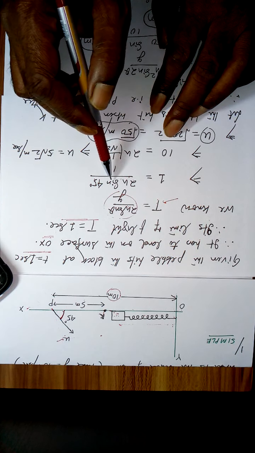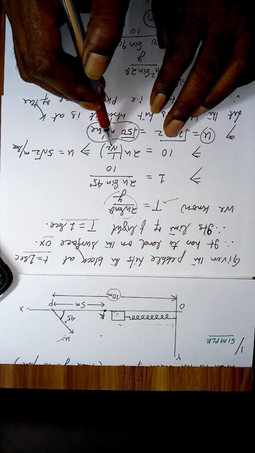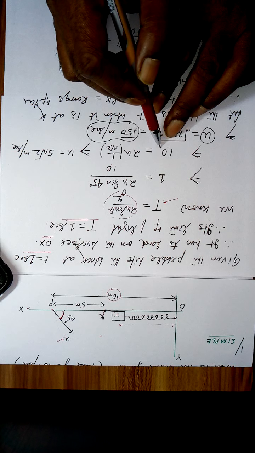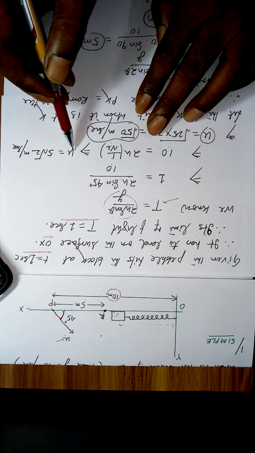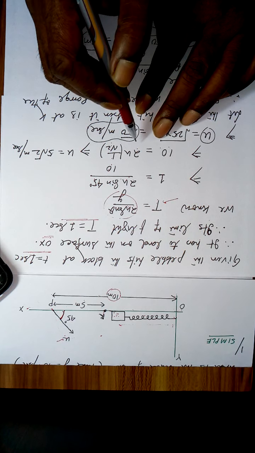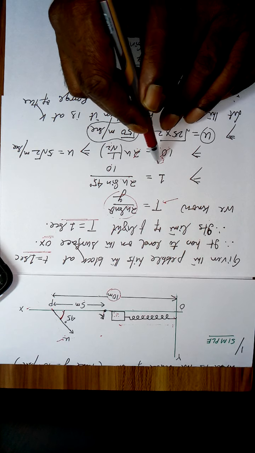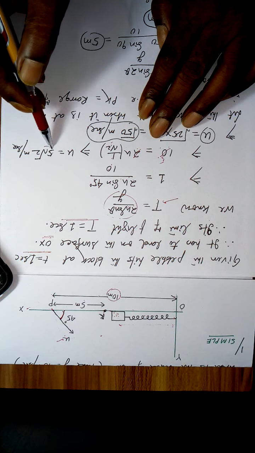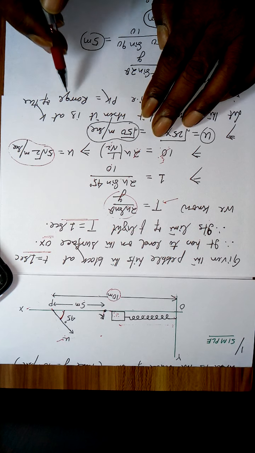So 2u sin 45, sin 45 is 1 over root 2. Now 10 comes here, 2u into 1 over root 2. This cancels with this. We have 5 root 2 comes here. So u is equal to 5 root 2 meter per second.